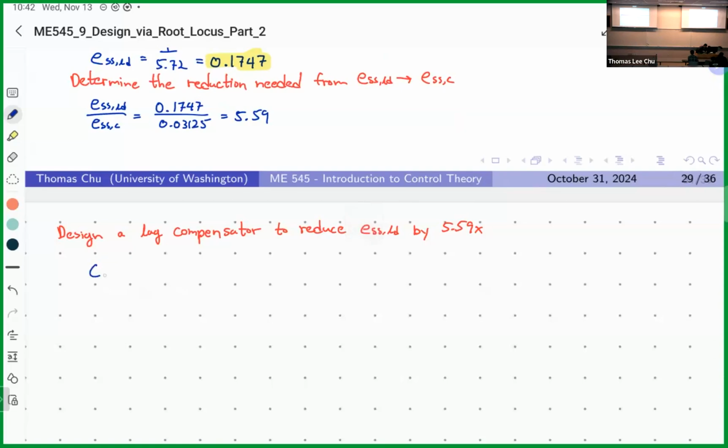We're going to design that by choosing C lag equal to K lag divided by S plus ZC over S plus PC. I just choose K lag to be equal to 1 because our root locus shape is preserved. So the gain that we pick from our lag lead compensator is going to be pretty similar to the gain that we used for the lead compensator. And then we're just going to choose that K lag lead is equal to K lead.